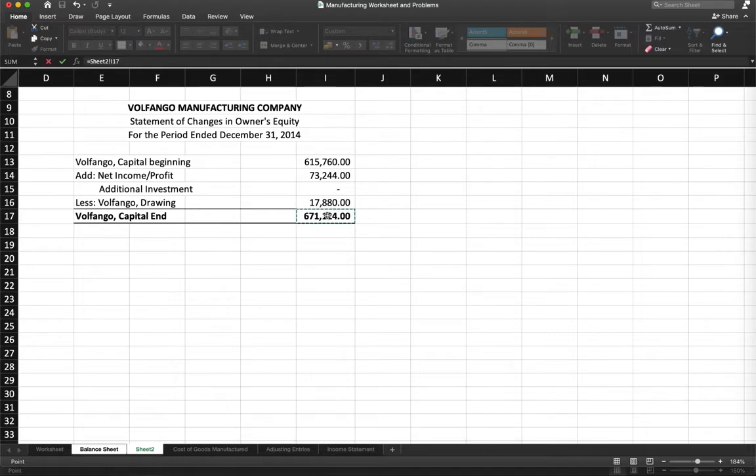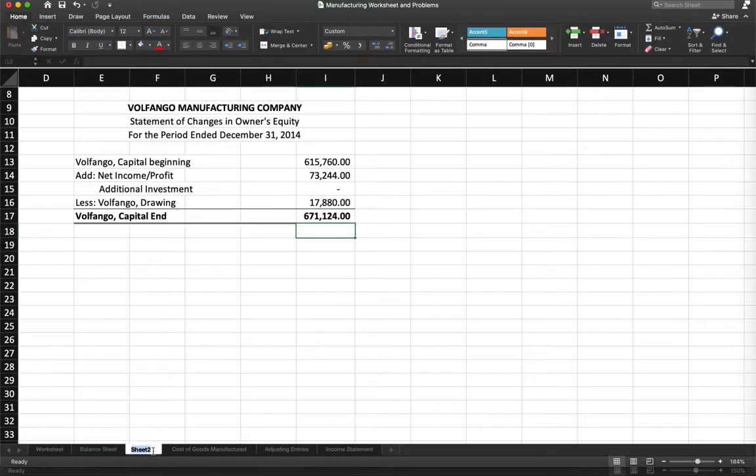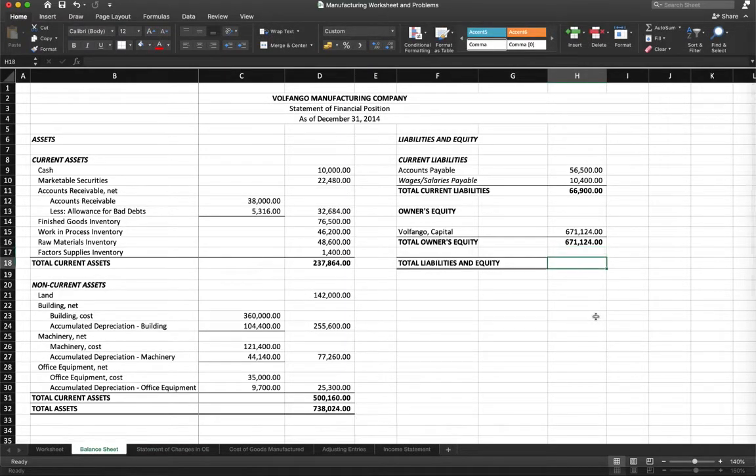Okay, 671,124, and that is your total owner's equity. Palitan ko lang yung name, ha? Statement of changes in owner's equity. OE naman. Okay? OE. Wala na tayong cash flow kasi hindi pa naman natin i-discuss.